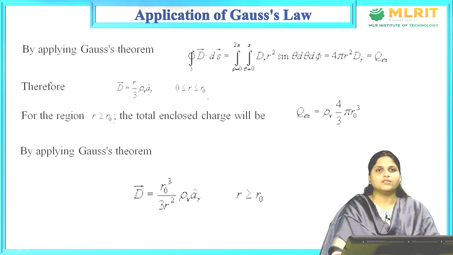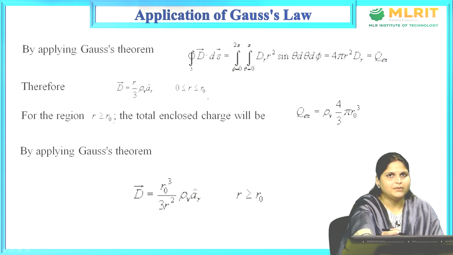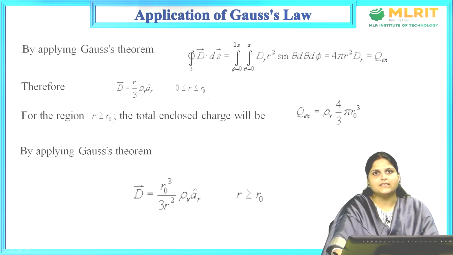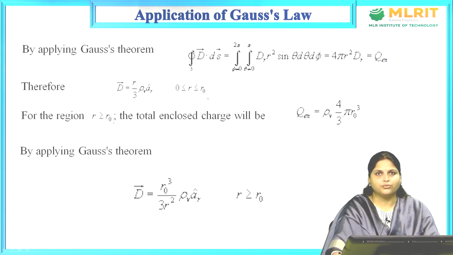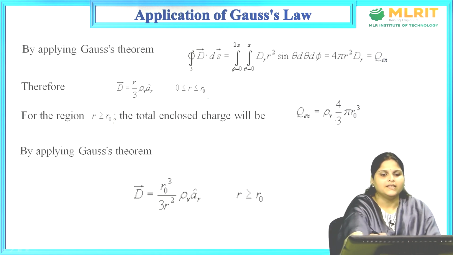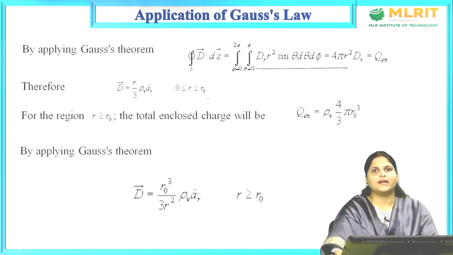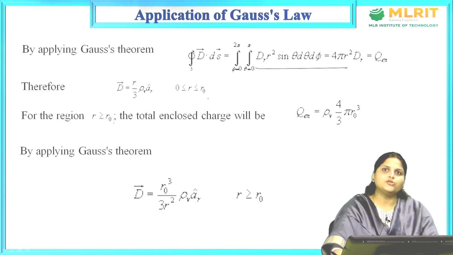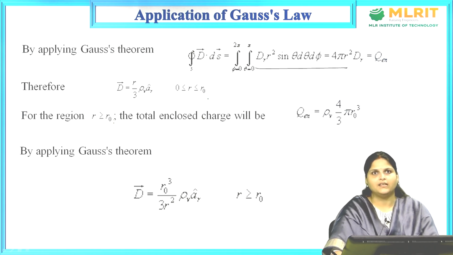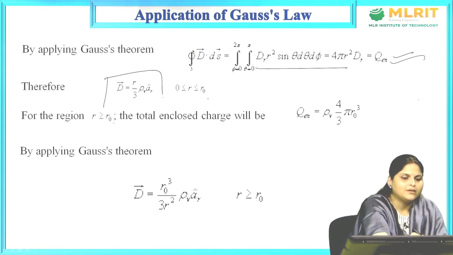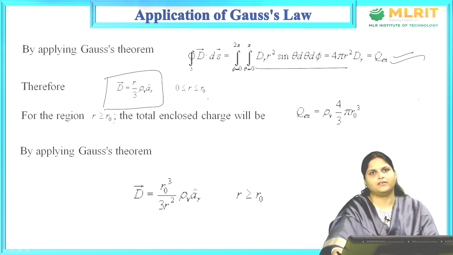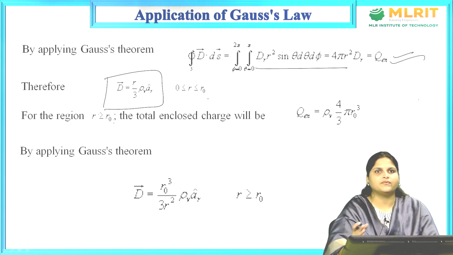When we apply Gauss theorem and simplify, integration of D dot dS equals the integration with phi from 0 to 2 pi and theta from 0 to pi, of D r square sine theta d theta d phi, which becomes 4 pi r square D r, equal to Q. Therefore, D becomes r by 3 rho v a r for r less than or equal to r naught, and the range is from 0 to r naught.